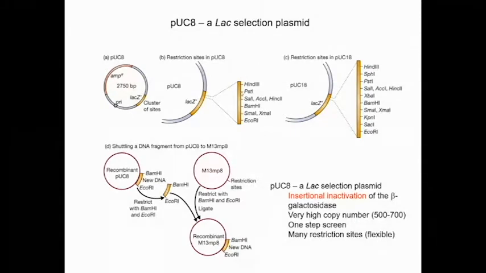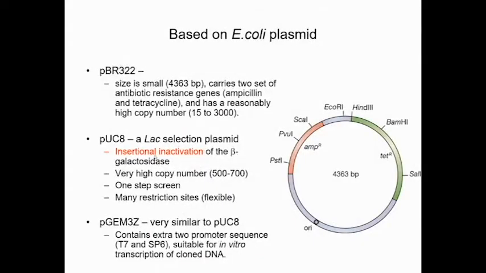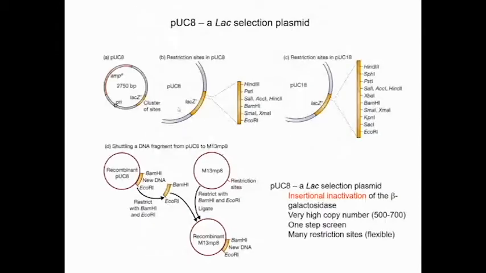As you can see, we have the multiple cloning site with several different enzymes that can cleave the DNA at different sites. There is also the ampicillin resistance gene, the origin of replication, and the lacZ gene, for insertional inactivation of the beta-galactosidase.